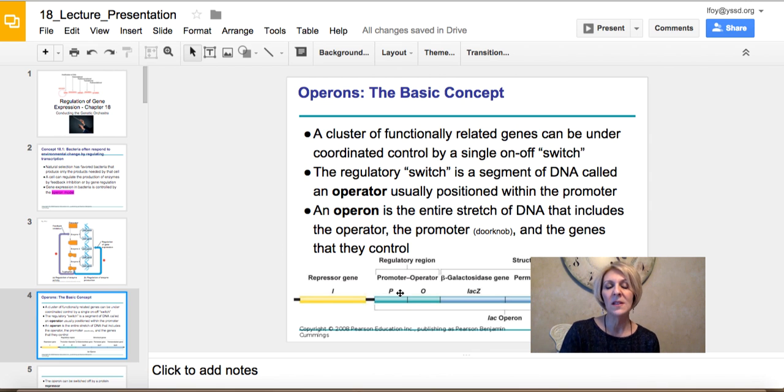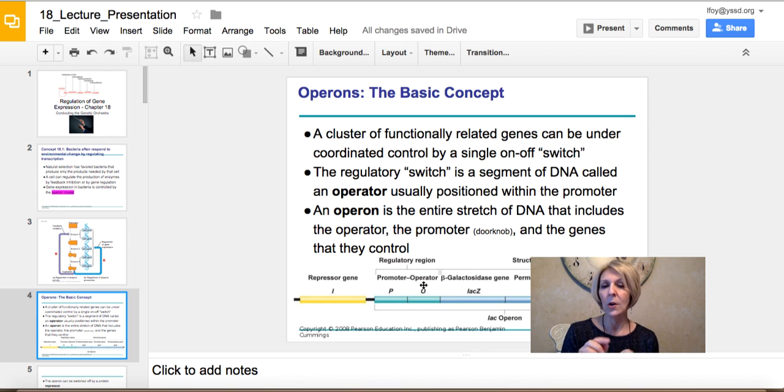Sometimes upstream from the promoter and the operator is a repressor gene. So an operon is a stretch of DNA that includes this regulatory region, the promoter, which we say is like a doorknob. That is where the RNA polymerase is going to sit.